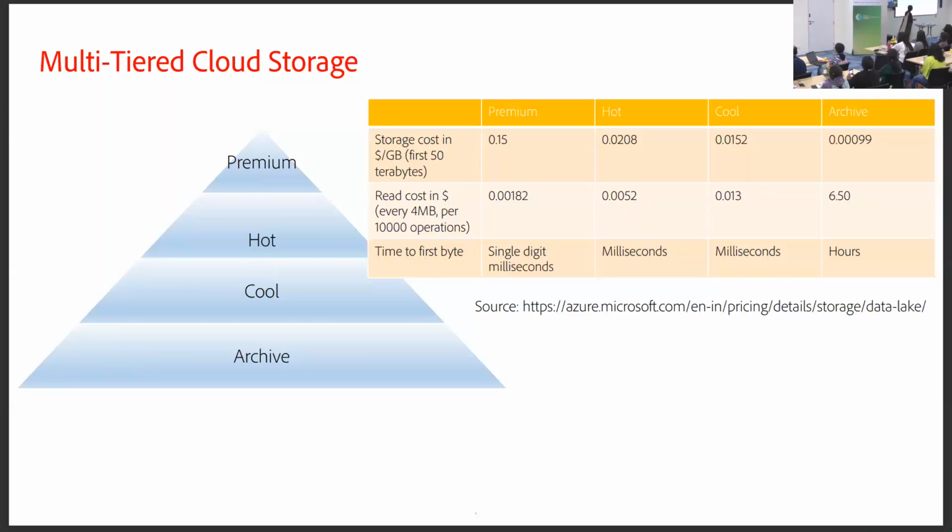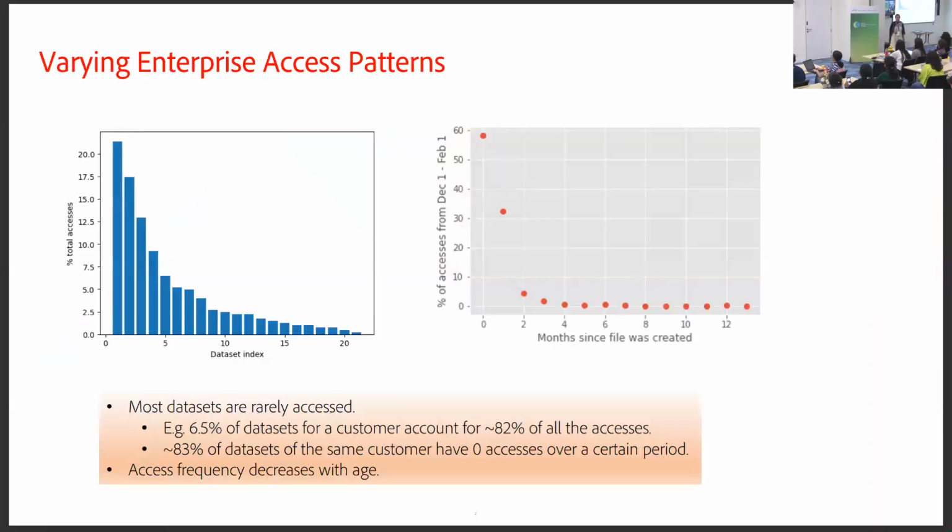As you can see from here, the storage cost decreases exponentially as we go from the premium to the archive tiers, whereas the read cost increases in the opposite direction, again in an exponential manner. Also, the latency varies between the tiers. So how do we make an optimal decision?